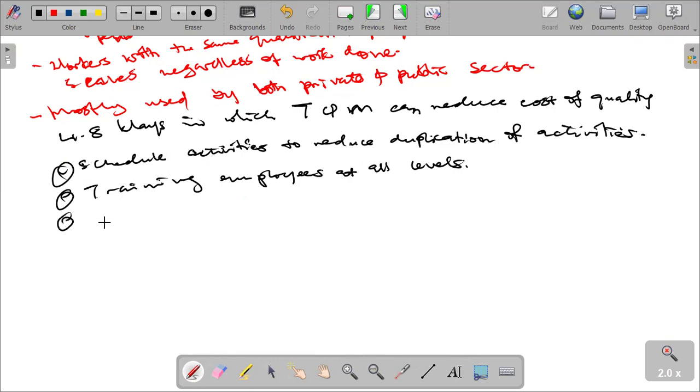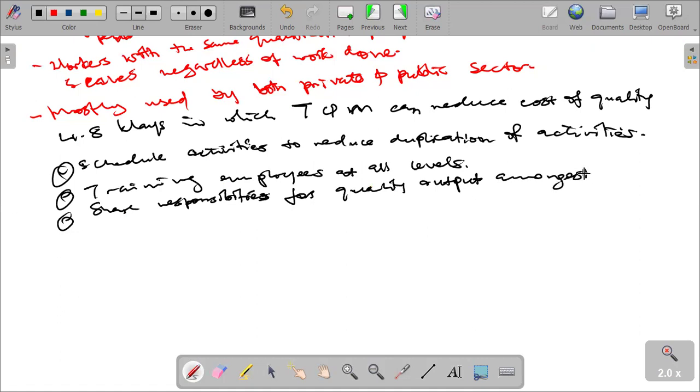We can also talk about one other point: share responsibilities for quality output among its management and workers.